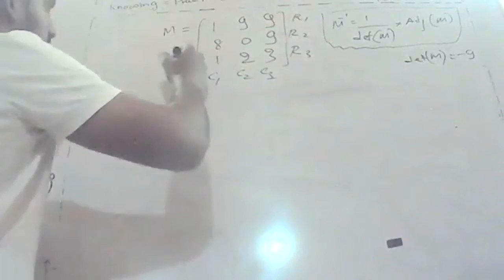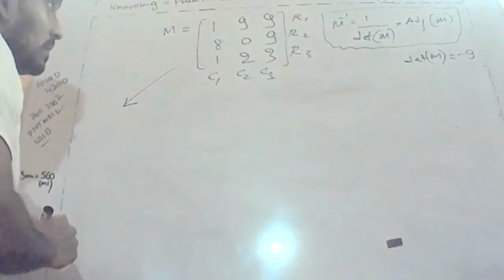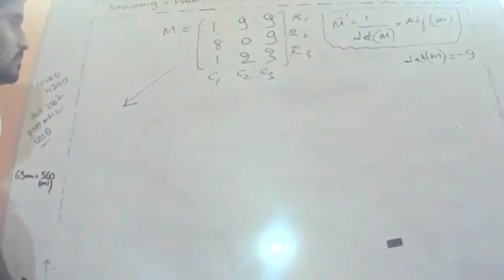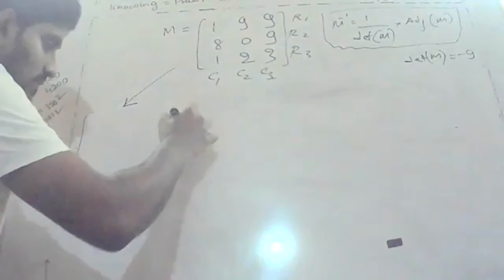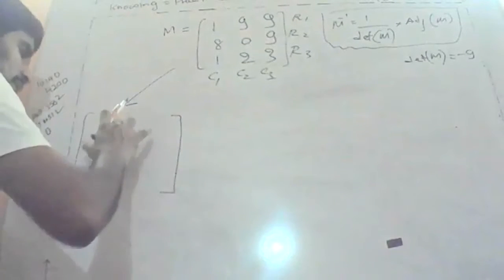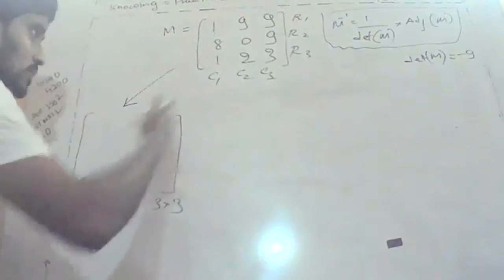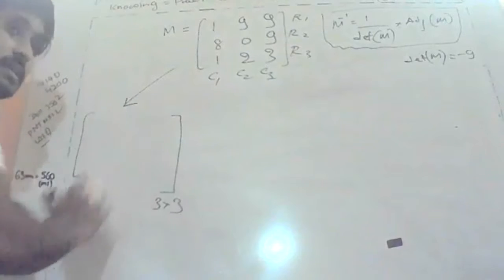The first conversion is something like this. After doing the first conversion, you will be getting another 3 by 3 matrix. So let's see what that matrix is.